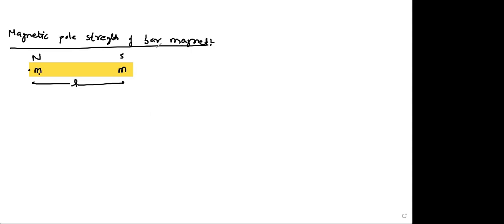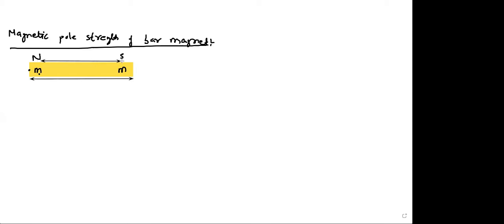So if I take the geometric length of the bar magnet, then this is the geometric length, from this point to this point. But the pole which you say north pole or south pole is not exactly at the corner. They're somewhere inside.